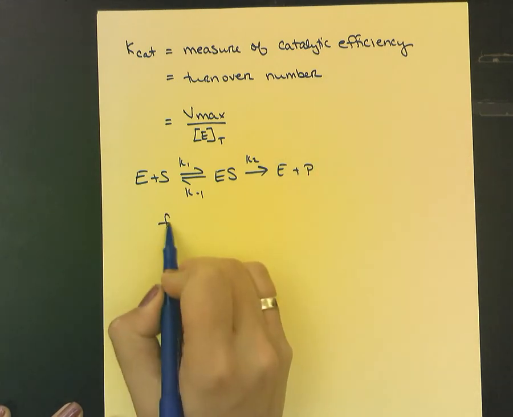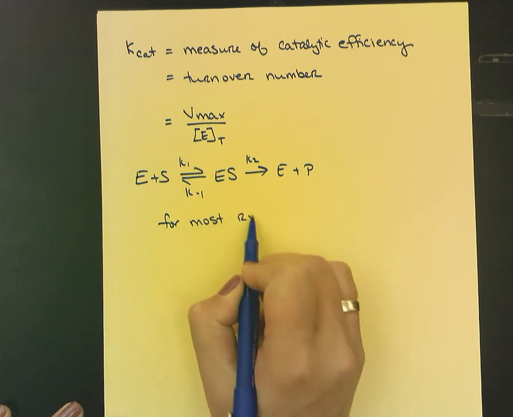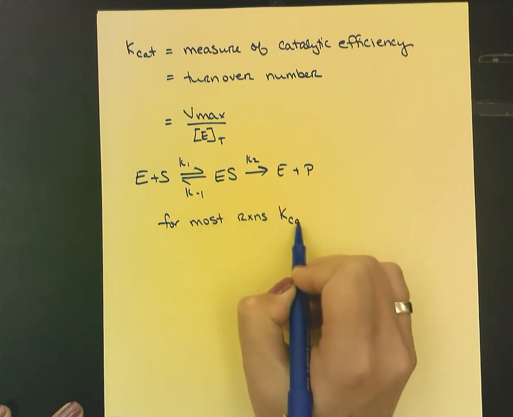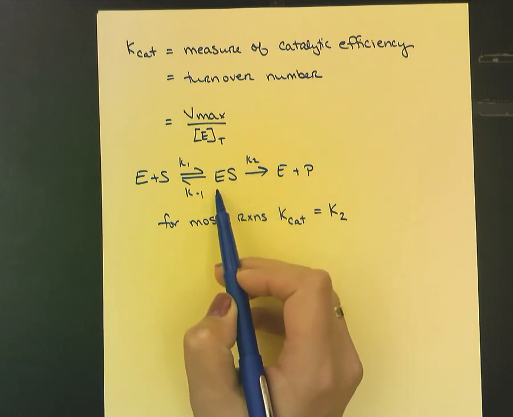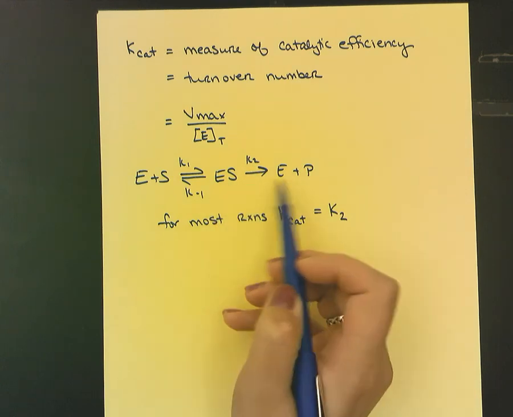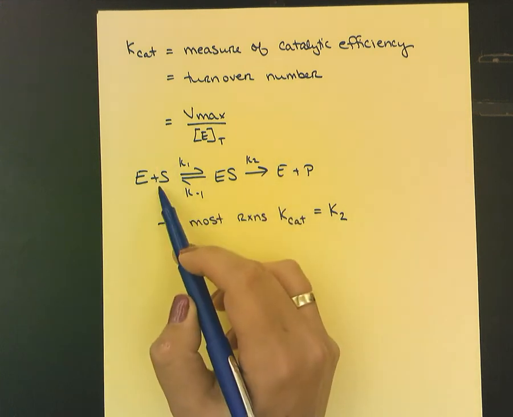So for most reactions, Kcat is K2. You can think about it in terms of E plus S making EP, which has now left you back with E again, which means it can come back and grab another substrate.